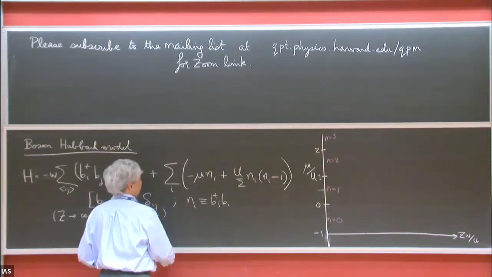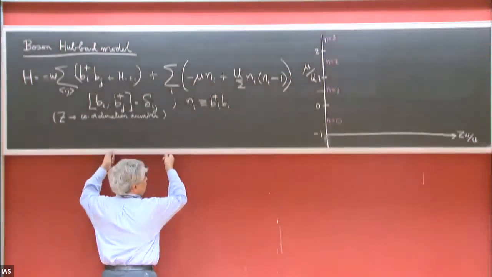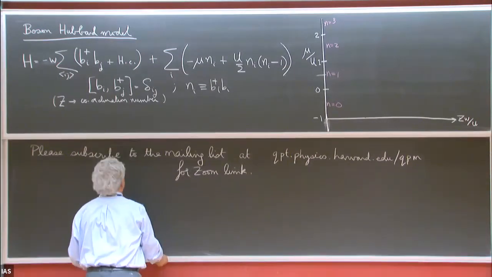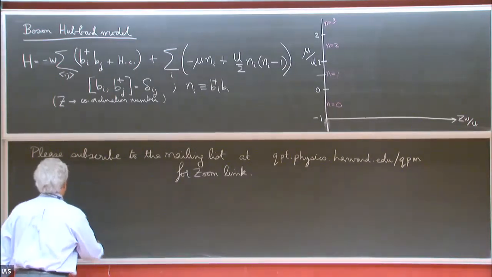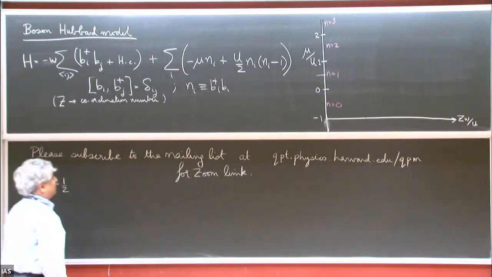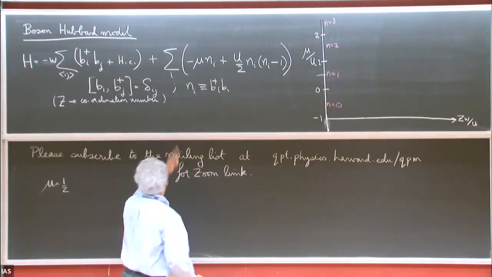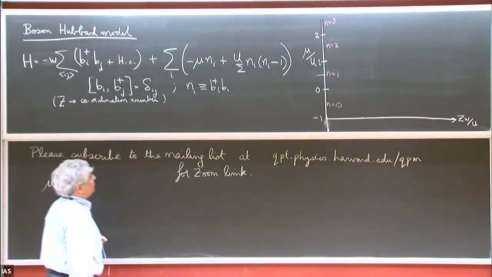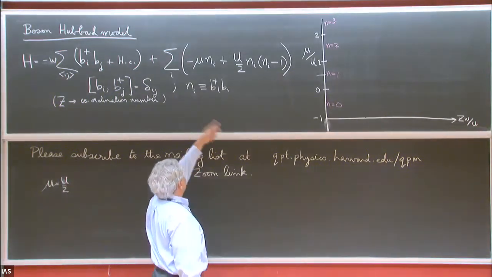So at mu equals 1/2, for example, what are the different states that you can think of? So you put mu as U over 2, sorry. So what are the different values?